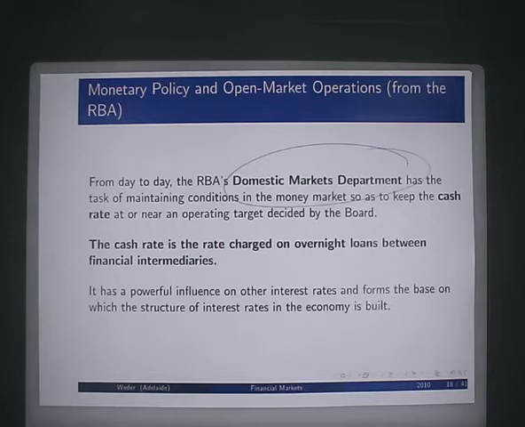So they're selling and buying bonds, okay, to other actors on the market. Could be private people, could be other private banks. It doesn't matter. But if the bank is buying bonds, it has to pay for it somehow. And it's doing it by basically putting money in circulation. Okay, so the Reserve Bank in Australia, like other central banks, has the monopoly for the currency, for the legal tender in this economy.